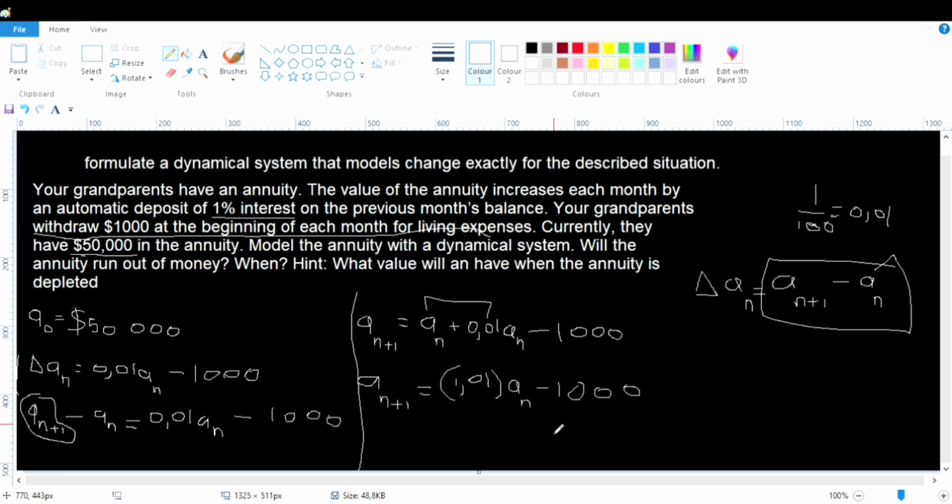So now we formulated the dynamical system. Then now let's answer this question. Will the annuity run out of money? Yes. When? We have to calculate that.